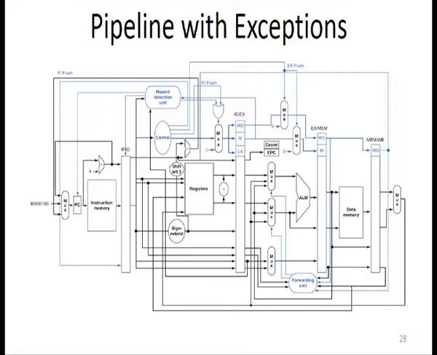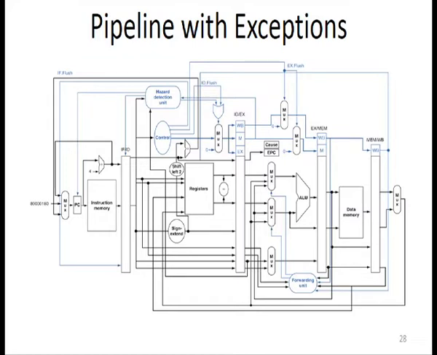The EPC register has been added, the cause register has been added, and provision to flush all the pipeline registers has been added, because once an exception has been recognized, the instruction causing the exception and the other instructions following it should not be allowed to do any updates to the register file or memory. So, you will have to basically create a bubble there. Zeros will have to be written into those latches. So, the flushing option has been included into all the buffers in the pipeline.